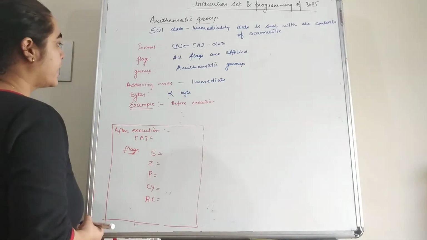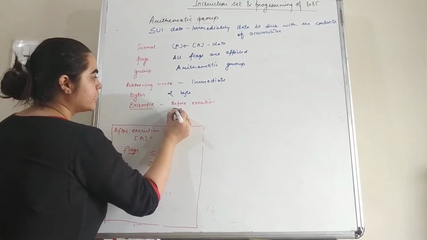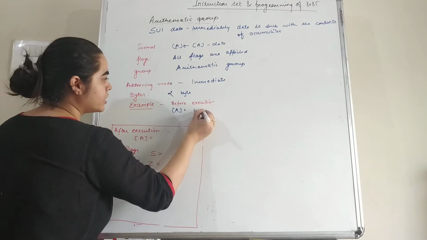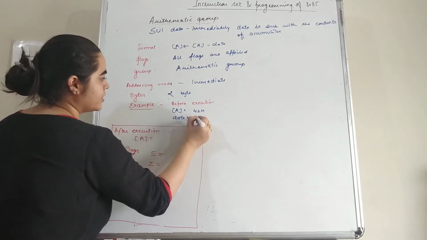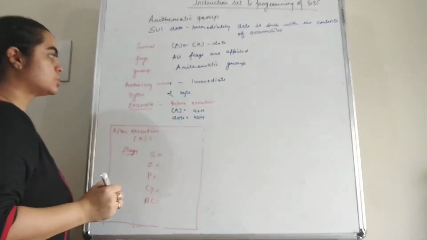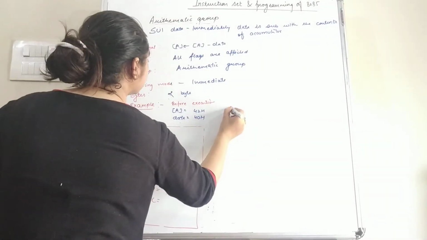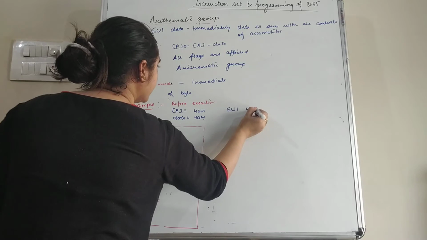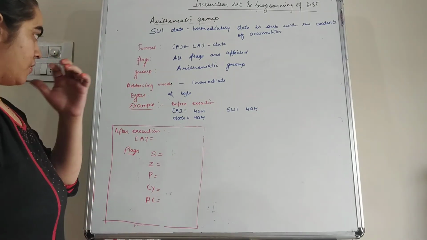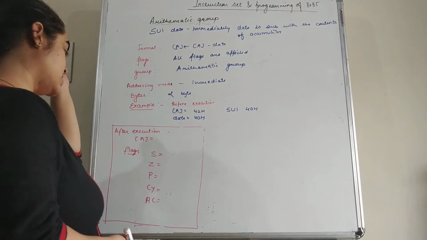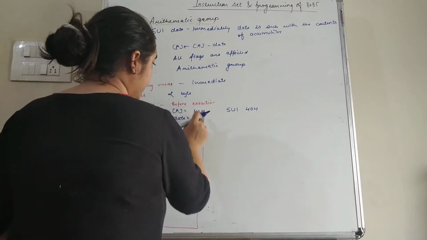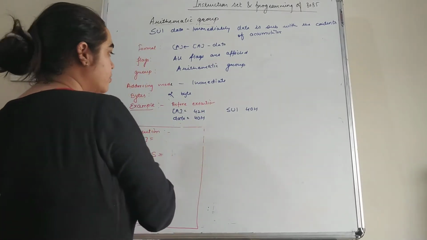So we can take an example. Suppose in the accumulator we have the value 42H and the data which we have is 40H. Okay students, so the instruction is SUI 40H. After executing this instruction, we can check the result by first converting these values into binary.